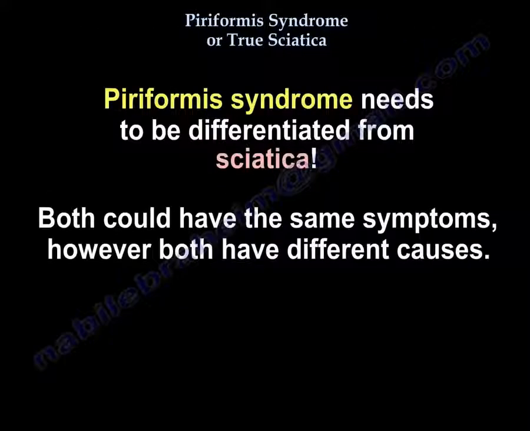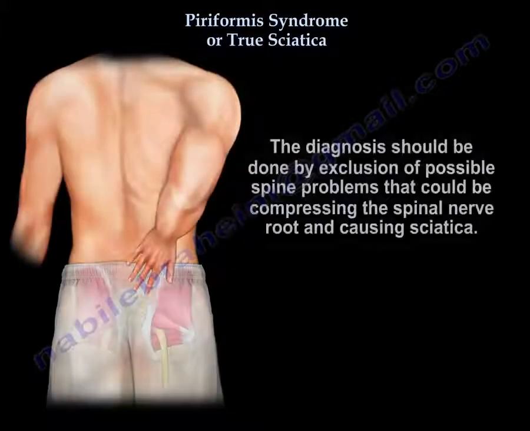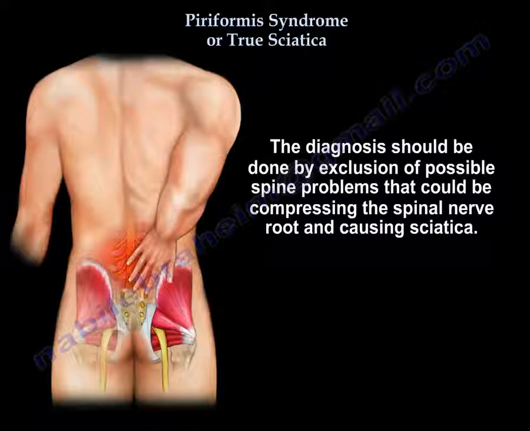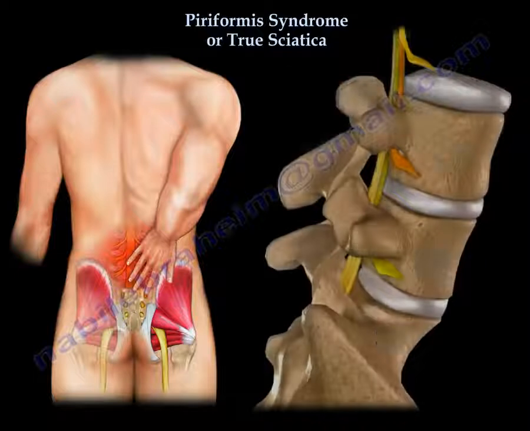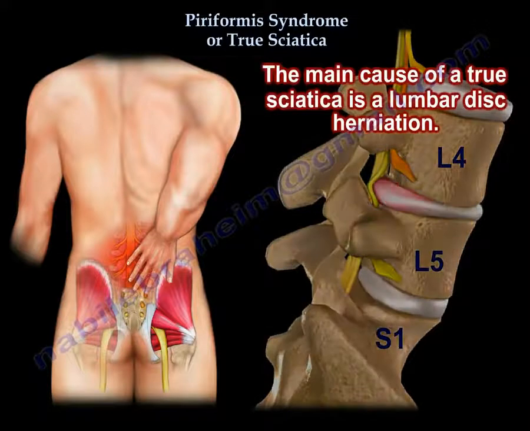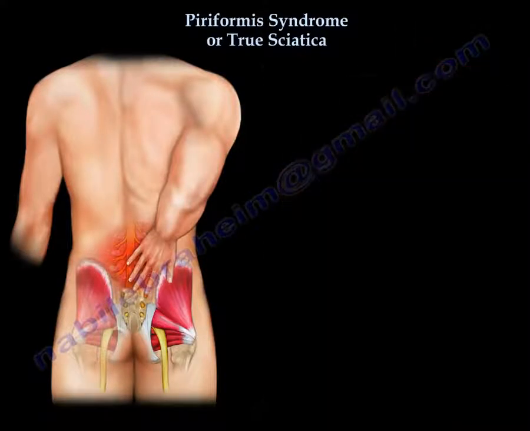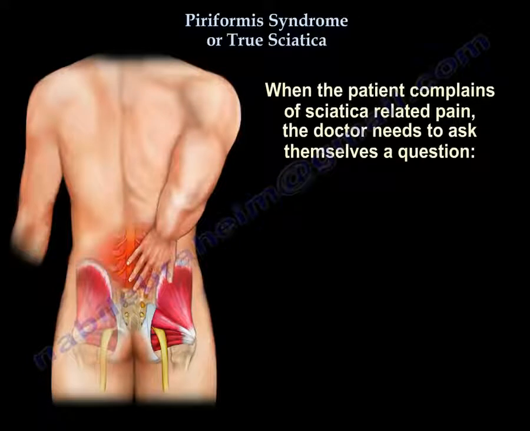Piriformis syndrome needs to be differentiated from sciatica. Both could have the same symptoms, but both have different causes. The diagnosis should be done by exclusion of a spine problem that compresses the spinal nerve root and causes sciatica. The main cause of a true sciatica is a disc herniation. So when the patient complains of sciatica, the doctor needs to ask themselves a question.